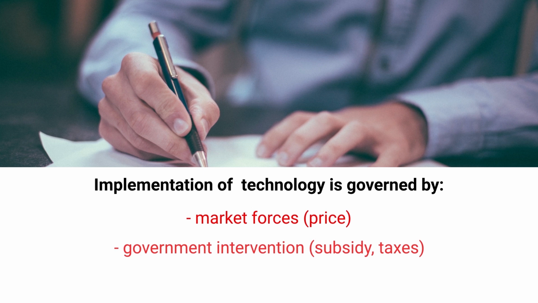So, besides implementation of a new technology, there are many other factors which govern their implementation. And what are these? Market forces. Obviously, we know the demands and supplies, they govern your technological produce. Then government intervention, whether the government is giving you subsidies and waiving off your taxes, depends. Then also accordingly you will plan your technology development.